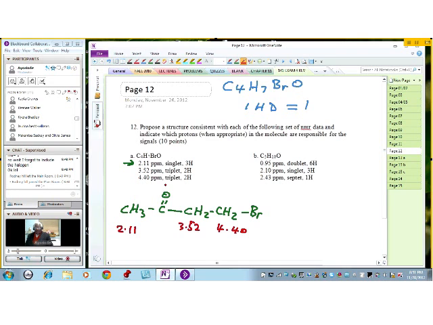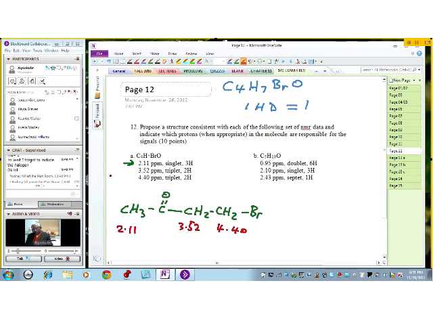This structure is consistent with the data that they have given us. That is what you want to do. The assignment you make for your structure must be consistent with the data that you are given. The formula is right, and the chemical shift data is also consistent.